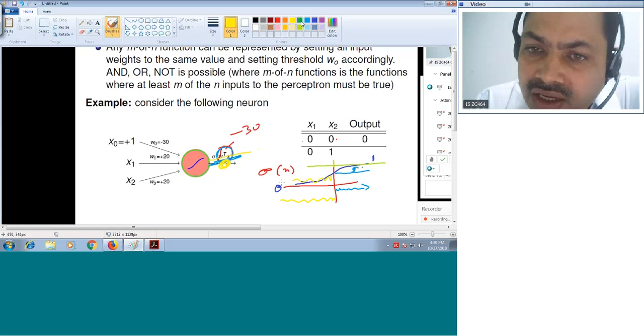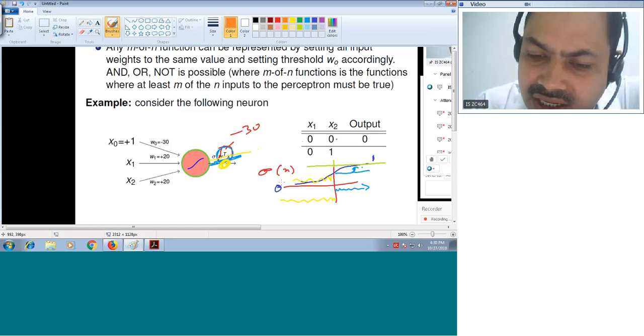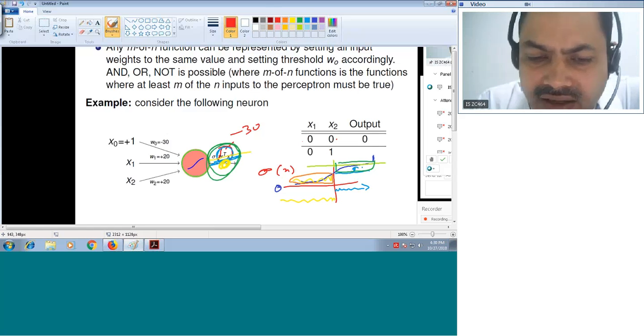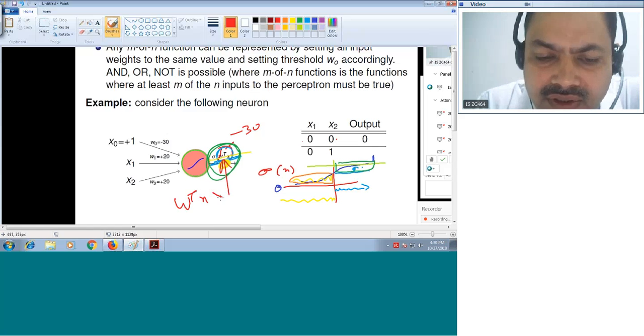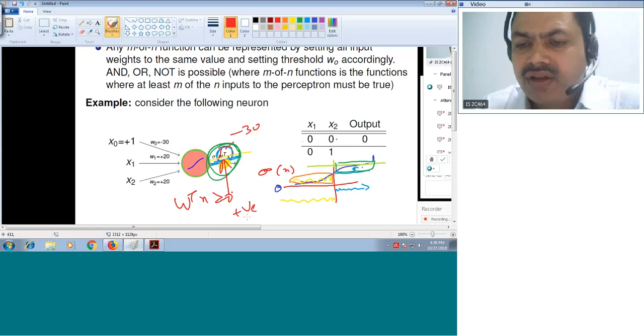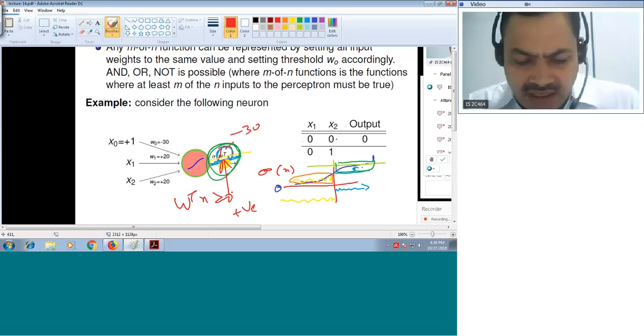If it is less than 0.5, it is a negative example. If it is greater than 0.5, it is a positive example. So putting into the sigmoid function means nothing more than checking the sign of the inside thing. If W transpose X is greater than 0, then it's a positive example. If it is negative, then it is a negative example. Straightforward. All right, so let's continue with our example.